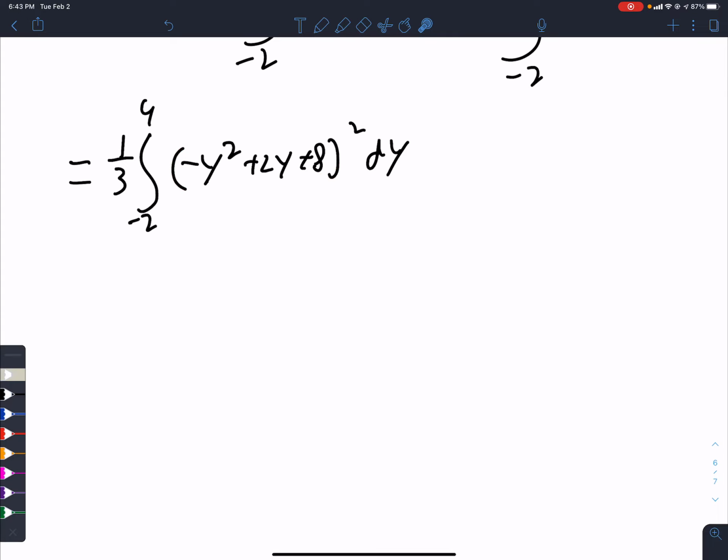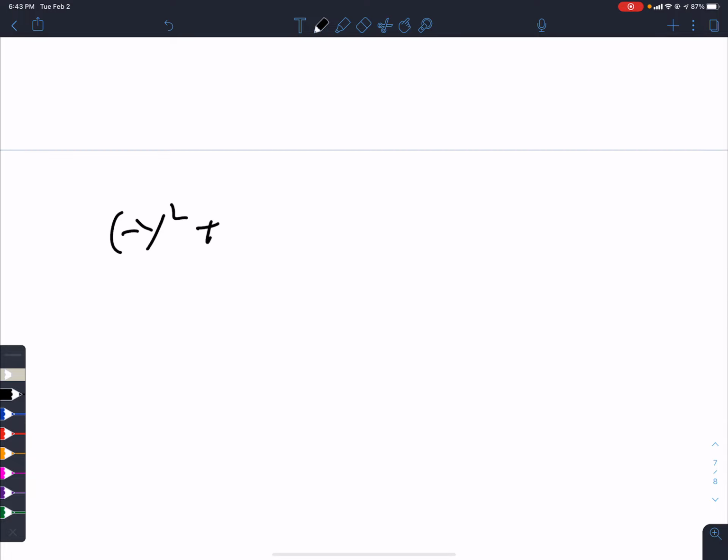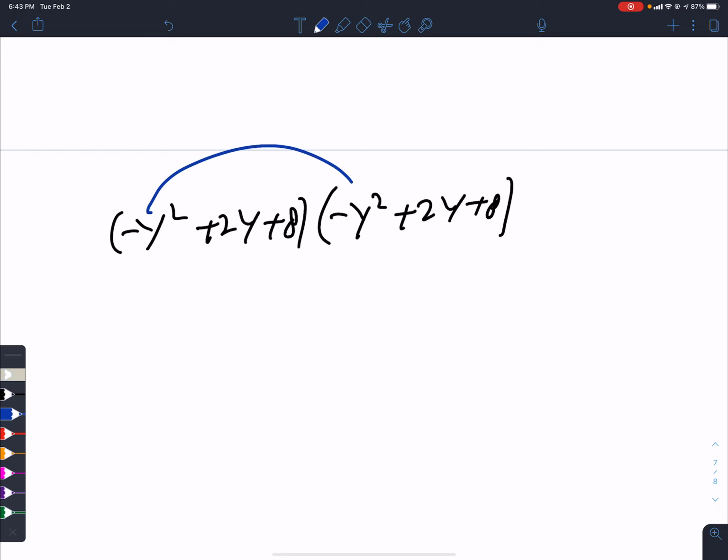It's going to be a lot of distribution. So y squared, 2y, 8, times y squared, 2y, 8. I'm going to square it and get lots of stuff. That's going to be y to the 4th, minus 2y cubed, minus 8y.